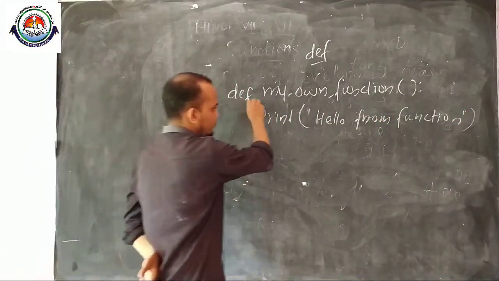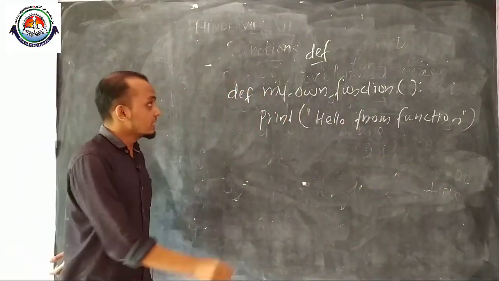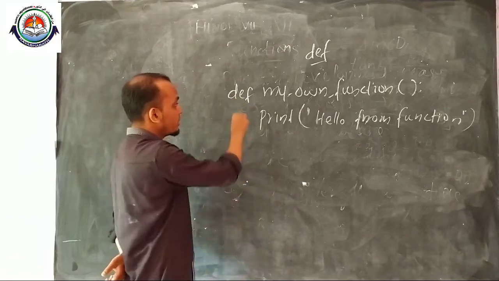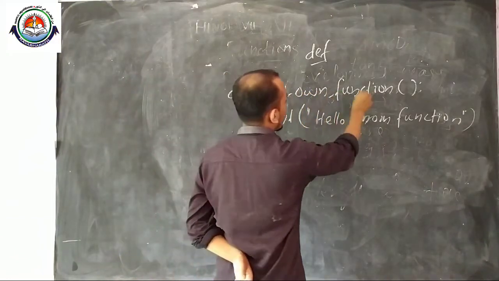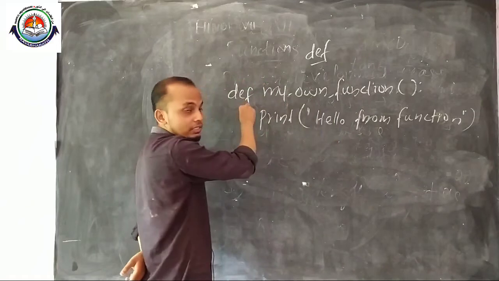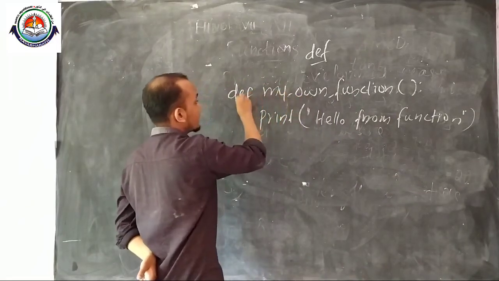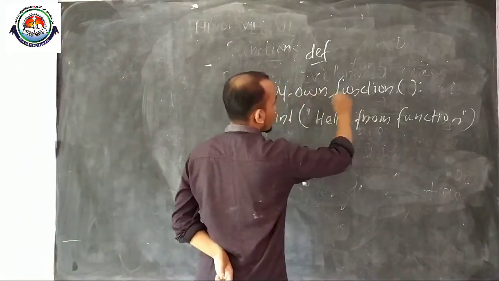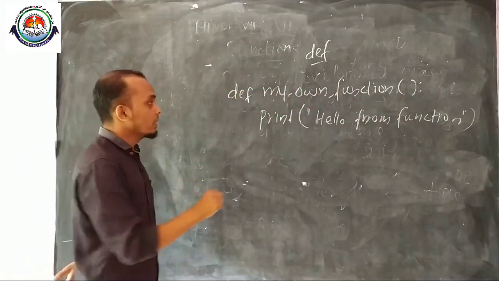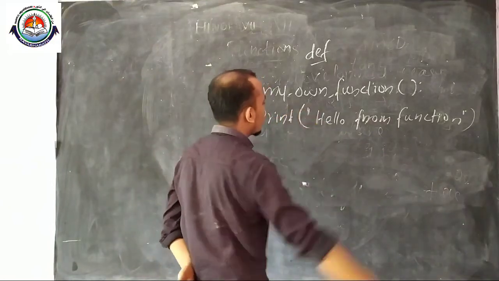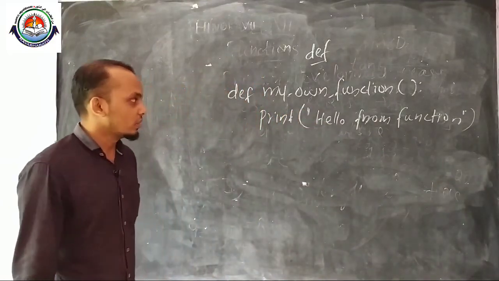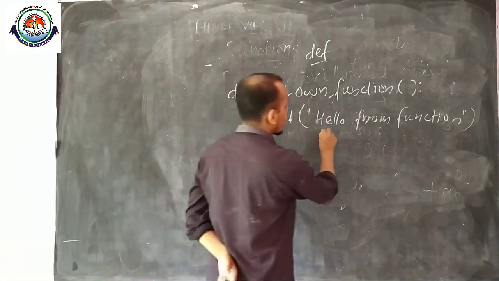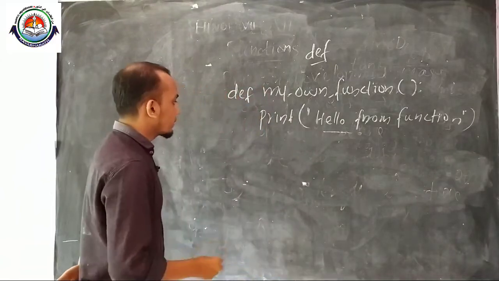Did you see this one? Actually, this is a function definition. def is the keyword for defining a function. my own function is the function name. Then print is a simple command, print hello from function. This is a simple example of a function definition.